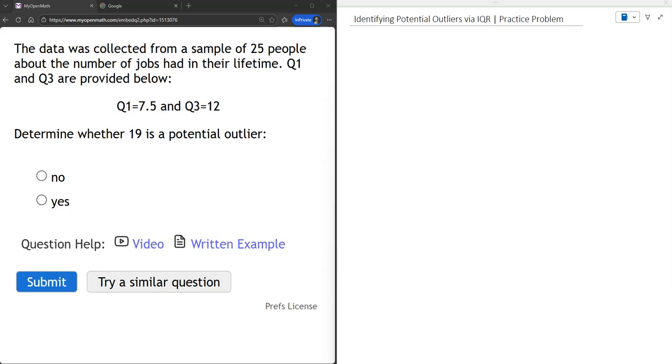We have a sample of 25 people, and we're not given the full data set, so we don't know Q0. We only know Q1, we don't know Q2, we know Q3, and we don't know Q4. And the question is, how do we know whether something is an outlier or not? Well, let's recall the definition of what we call the average.